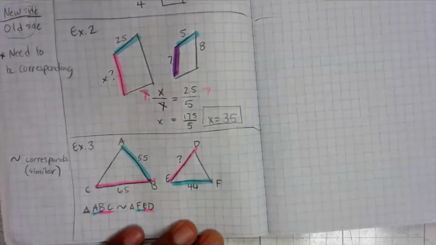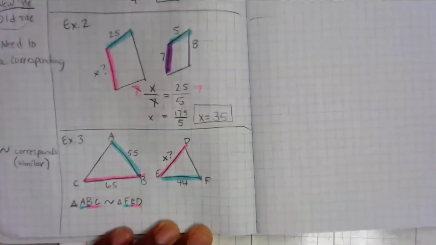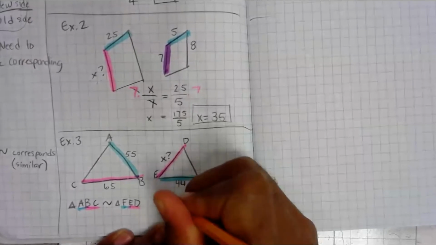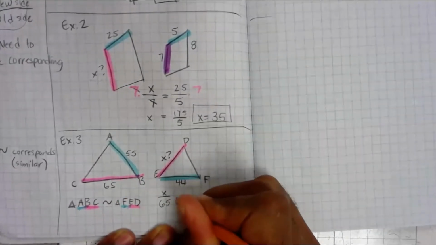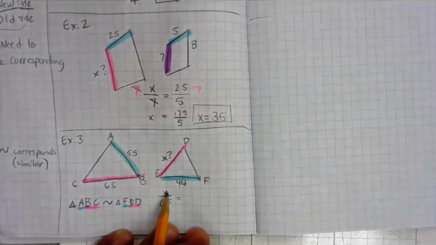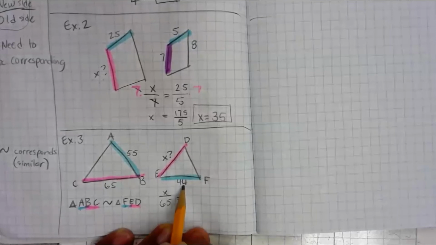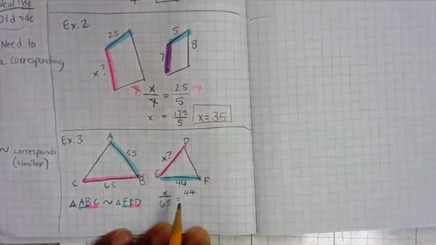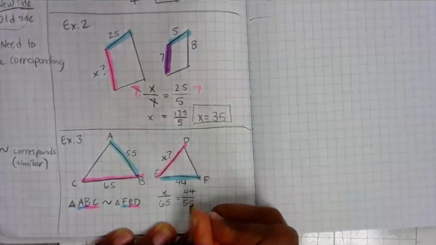Now we can just set it up the same way like we did before. I'll call this X, our missing side, just so that we have something to write. I'll put X on top and the side that matches it on the bottom. And I'm going to set that. And again, if I put the X on top, I also need to put the side from the same triangle on top as well. Okay, so 44 goes on top. And that matches 55, so that'll go on the bottom.